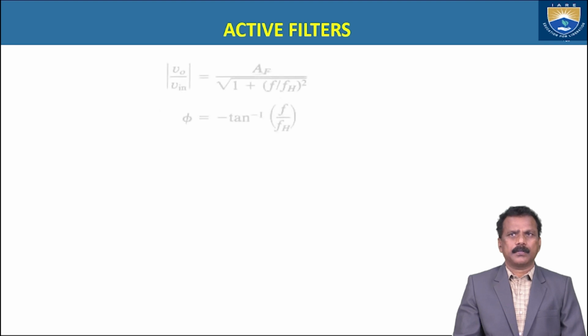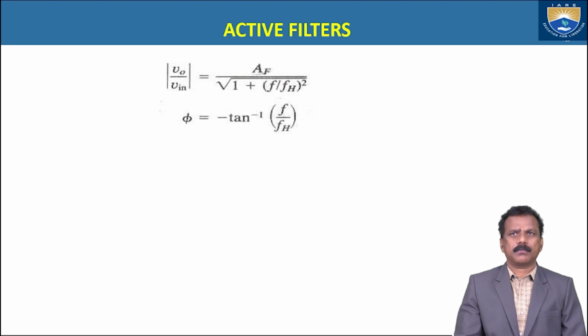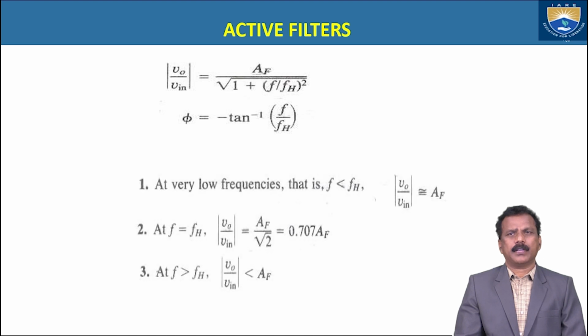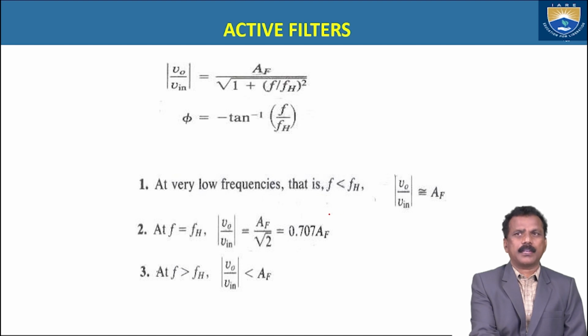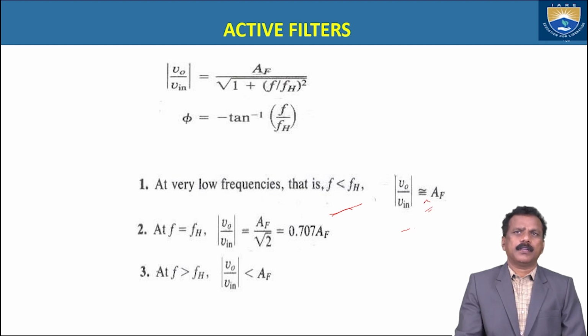Next, output voltage by input voltage is also equal to AF by square root of 1 plus F by FH whole square, and the phase angle is minus tan inverse of F by FH. At very low frequencies, that is F less than FH, the output voltage is approximately equal to AF times the input voltage.